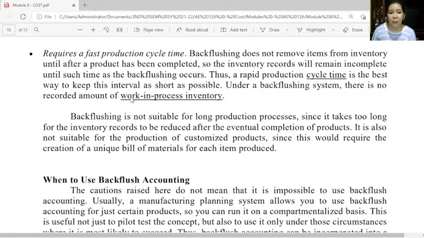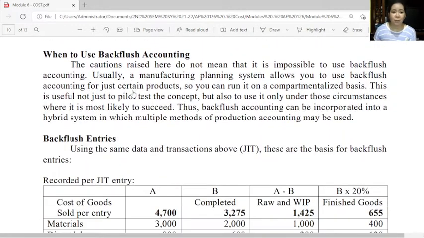Fourth, it requires a fast production cycle time, okay, because here we do not record the transactions until the items are completed. So for backflush accounting to be effective, it should be implemented in a production cycle which is shorter. So when to use backflush accounting? Because of the cautions raised above, as mentioned earlier, we cannot implement 100% backflush accounting.